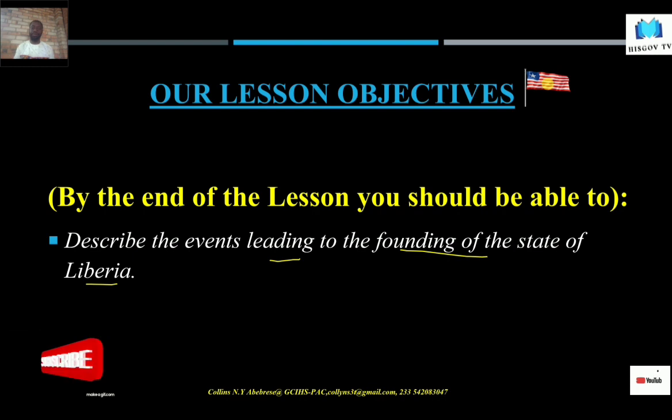However, the Liberian flag only has one star as compared to that of the U.S. flag. We will get to know at the end of this lesson why it is so. Why does the Liberian flag look so much like the United States flag?